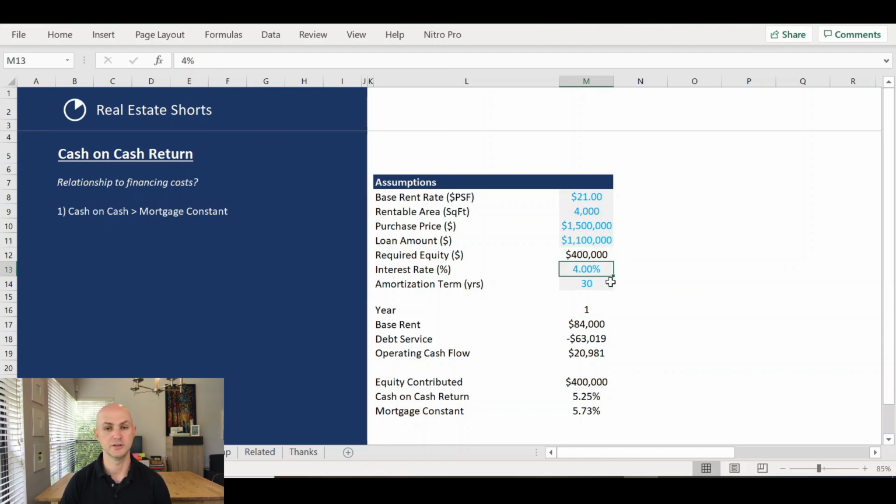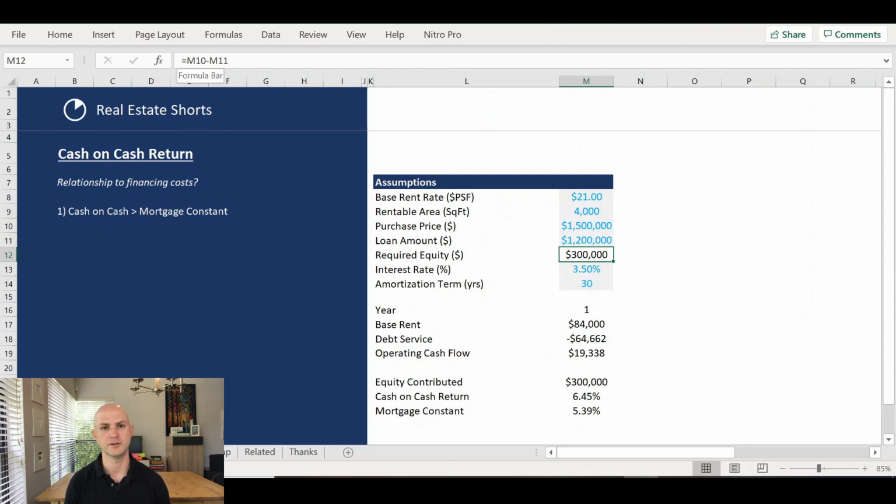So again, just to illustrate the point, let's say our cash-on-cash return is now greater than our mortgage constant. So the more I borrow, the higher our cash-on-cash return will be. So it goes from 6.18 at $1.1 million borrowed to 6.45 at $1.2 million borrowed.